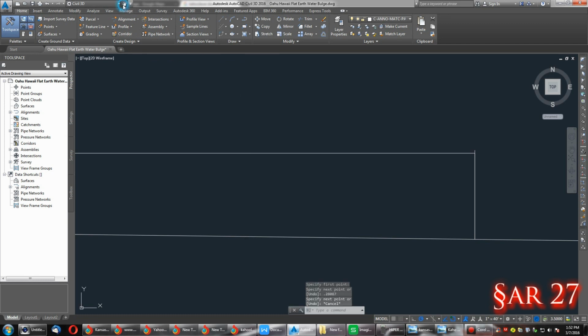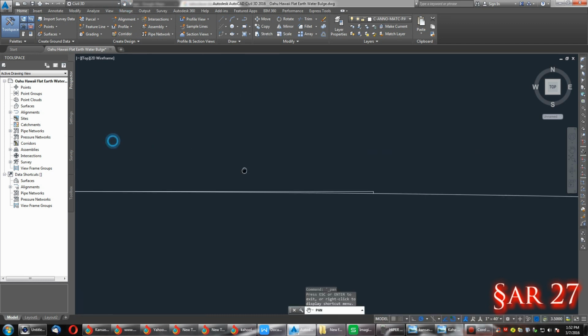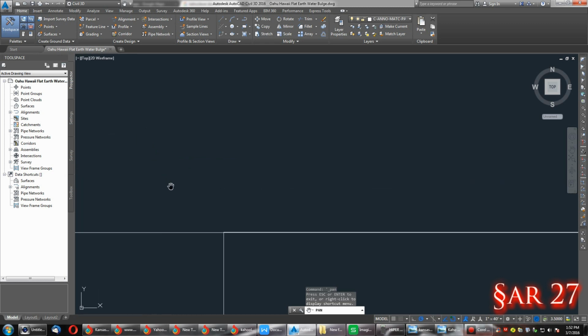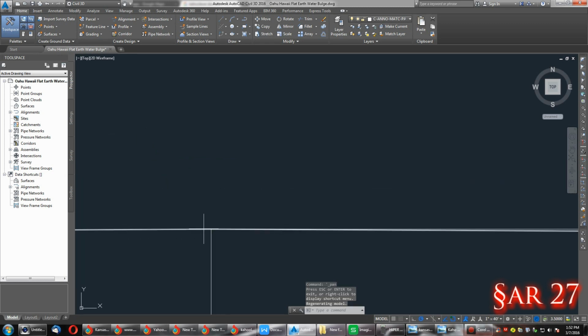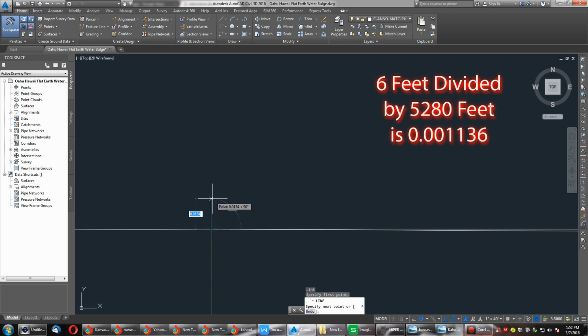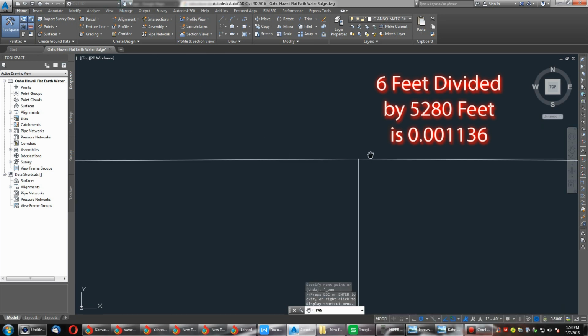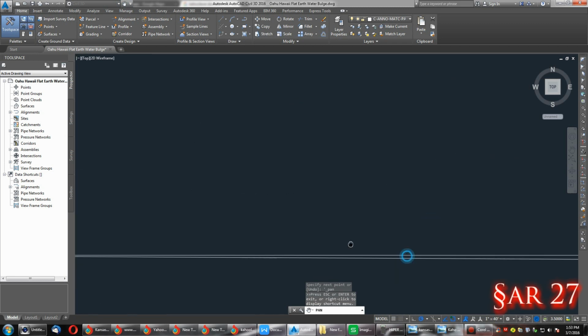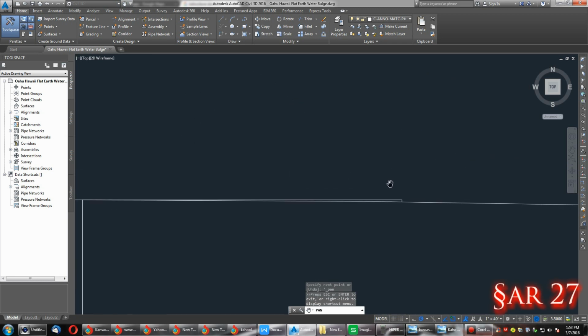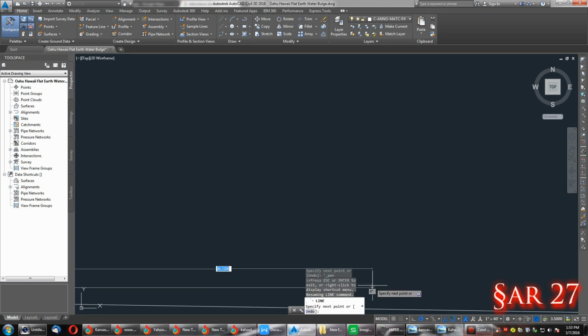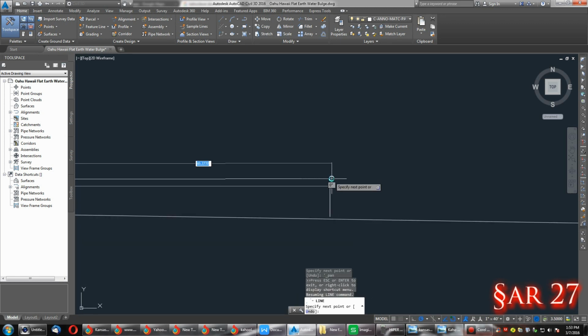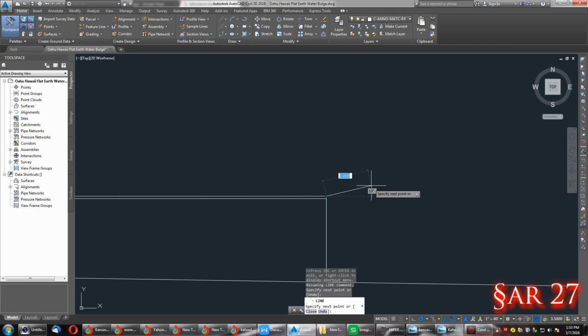And we're actually going to make a 6-foot man stand at the end. That is 0.00136. Well, it's 0.001136, sorry about that. That represents a person standing 6 foot tall. This is going to be the line of sight to the tip of the mountain.